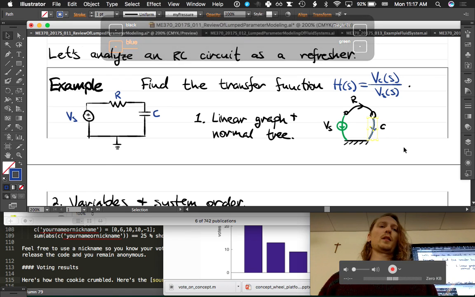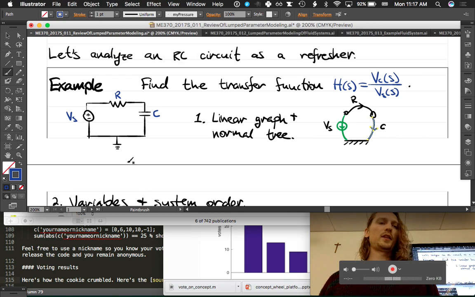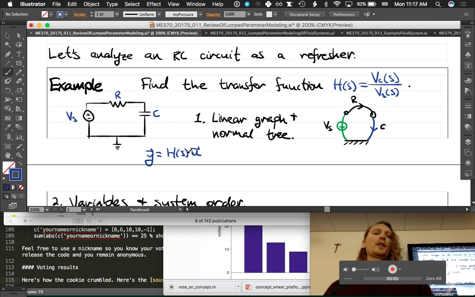The way that I usually think about it is that y equals H of s times u. And so the number of outputs has to be the first dimension, and the number of inputs has to be the second dimension, because it has to match up with the u, which is the input.